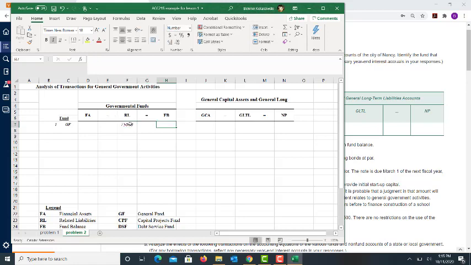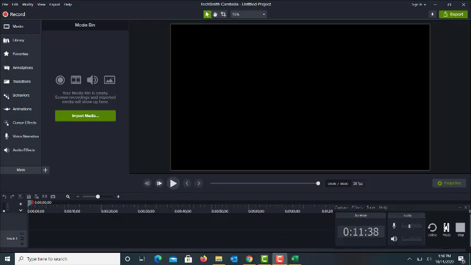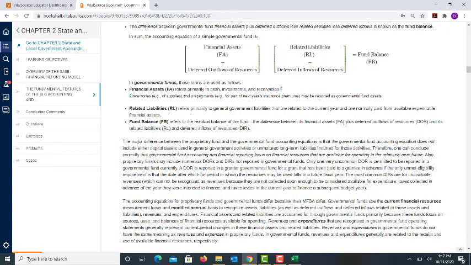And the next part is the fund balance. Now, if you're unsure of how to record these transactions, when you go back to the chapter, you'll see that there's a section that talks about these different accounts. Here you can see where it talks about related liabilities, which refers primarily to general governmental liabilities that are related to the current year and are not normally paid from available expendable financial assets.